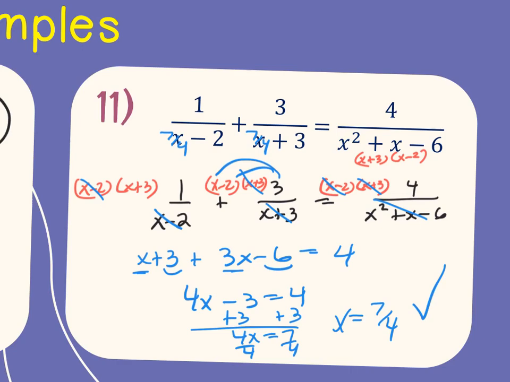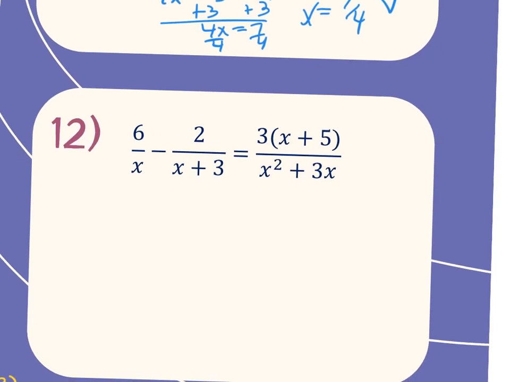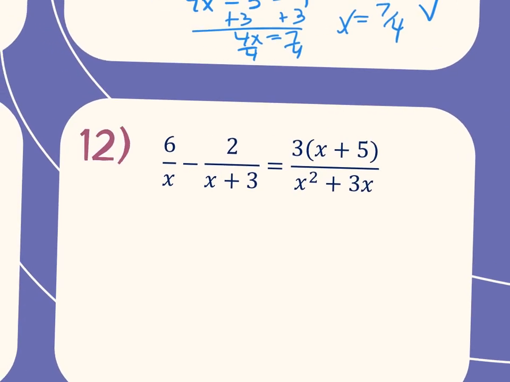And then again, I have one more example. And again, I can go ahead and find my common denominator. It's actually going to be this. But I'll go ahead and put it in as x times x plus 3. So let me go ahead and do this in red. So the LCD is x times x plus 3.